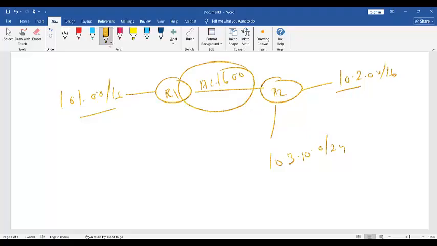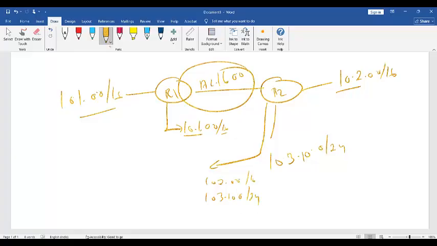Because this is classless, it very clearly advertises, you see, I got only the 10.1 network. I don't have any other 10 network, with a mask. And this one says, I got only the 10.2 network, and one more, 10.3.10 network only.